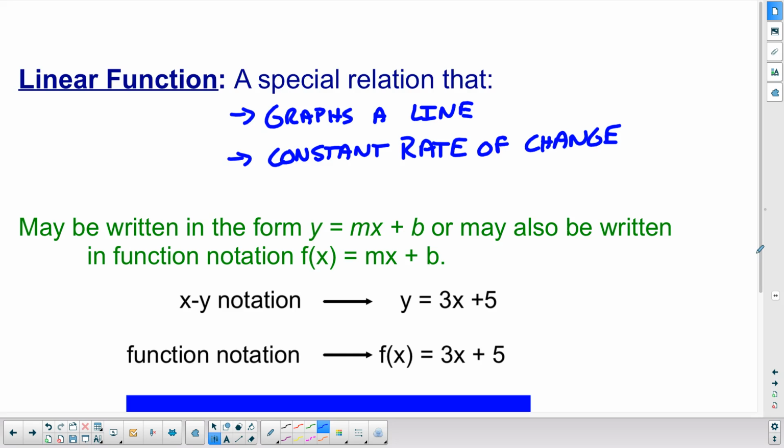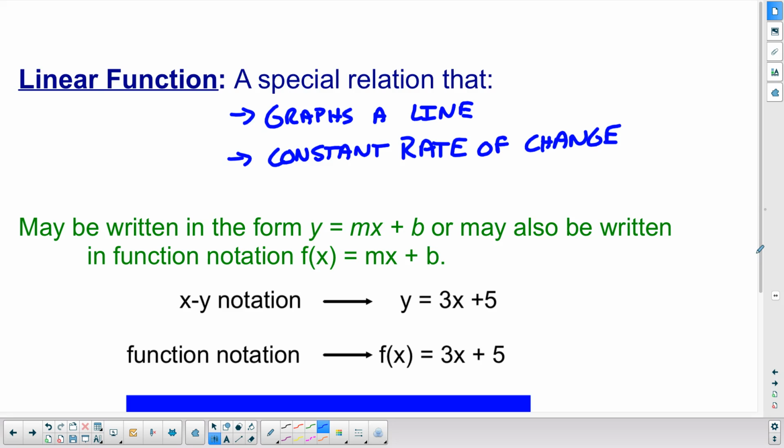In xy notation, it would be y equals 3x plus 5. The exact same line in function notation is f of x equals 3x plus 5. Those two are saying the exact same thing. One is written in xy notation, one is written in function notation.